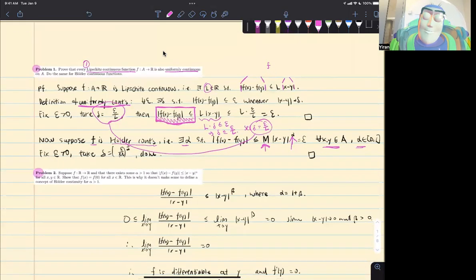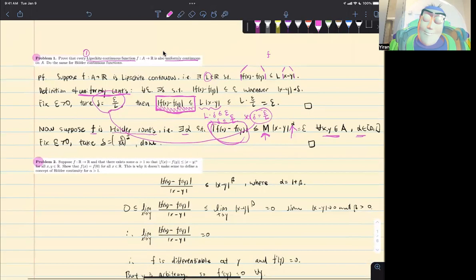If f is Holder's continuous, again fix epsilon, and we want to find a delta such that this quantity is smaller than or equal to epsilon, while making sure that delta does not depend on x, right? So if we write |f(x) - f(y)|, we already know that this is smaller than or equal to M |x - y| to the power of alpha, and then we want to show this is smaller than epsilon, right?